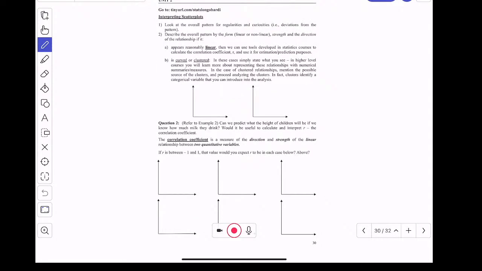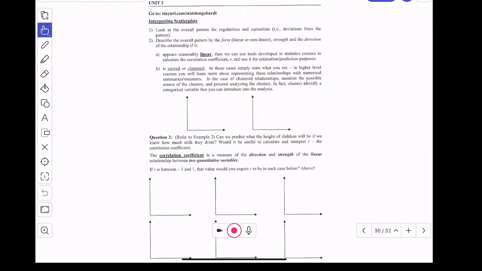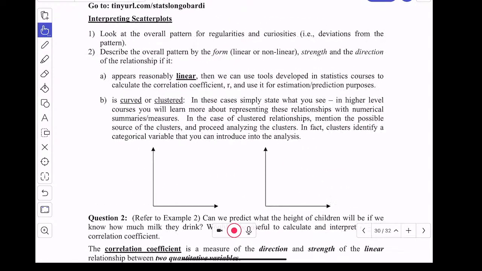So what do you do once you have a scatter plot? You want to look at the overall pattern. You want to look for regularities and curiosities, any deviations from the broader pattern. Then you want to describe the overall pattern in its form. Is it linear or non-linear?